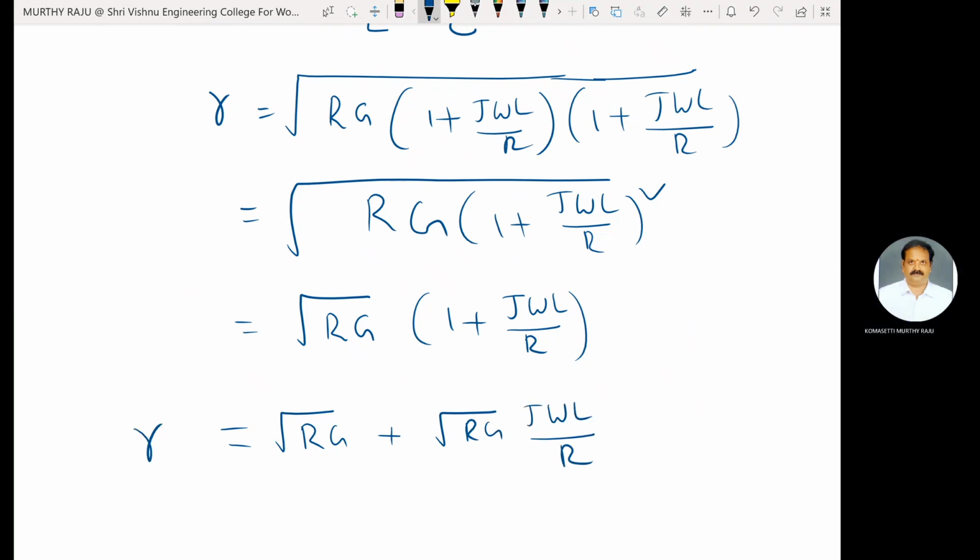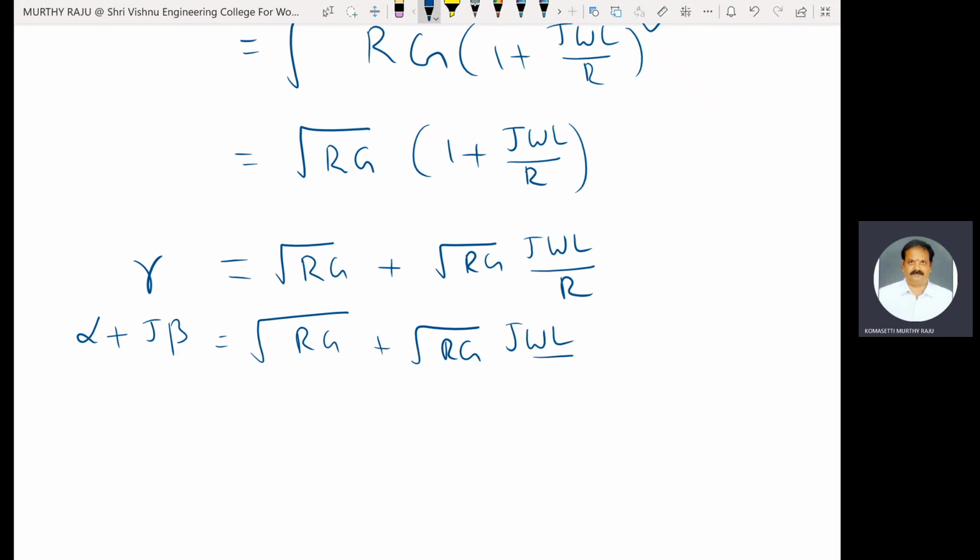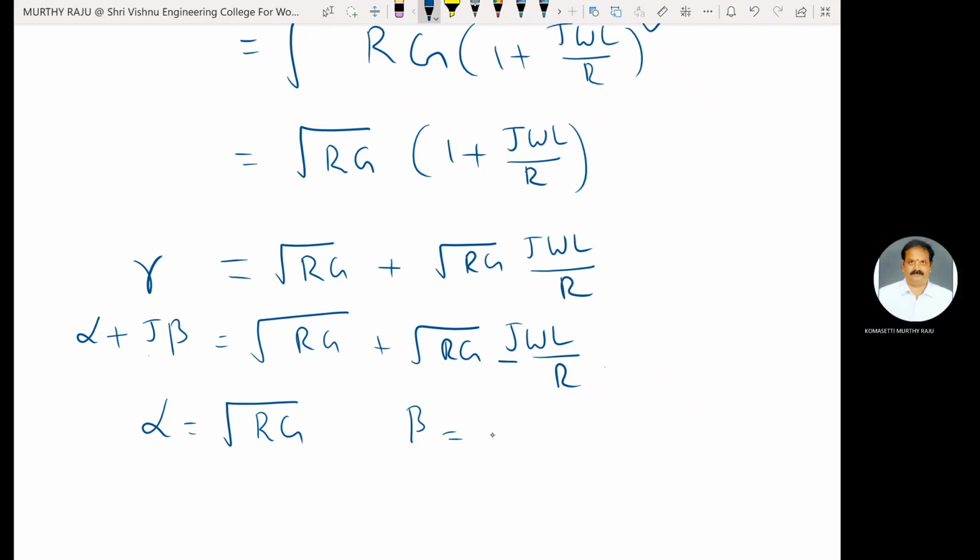We know that gamma is equal to alpha plus j beta, which is root RG plus root RG j omega L by R. Alpha is equal to root RG. Comparing the j coefficients, beta is equal to omega L by R into root RG.